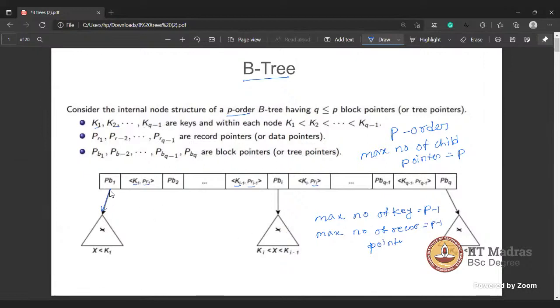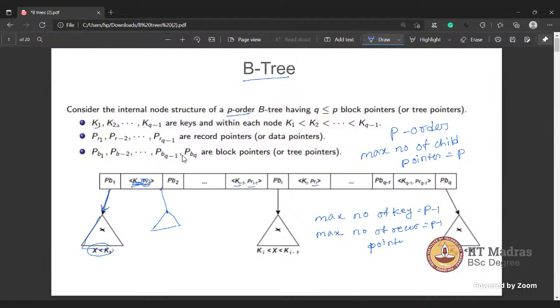Child pointers refer to the left or right subtree, and there are rules: the left should be less than the value of K1, and the right should be greater than K1. Record pointers point to the actual data, meaning they give the address of the data.